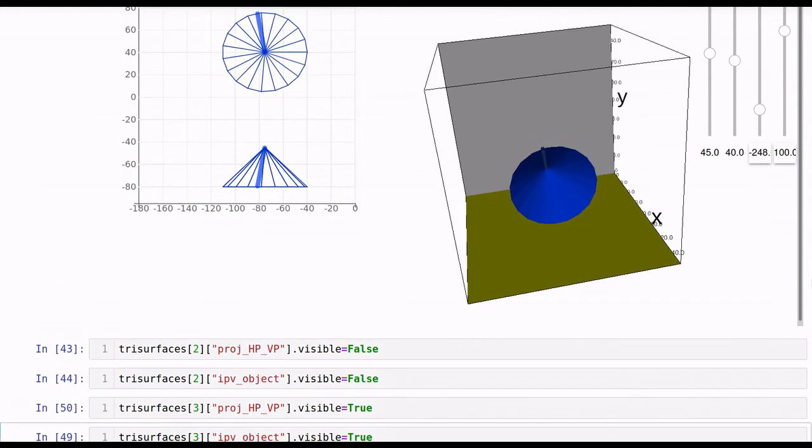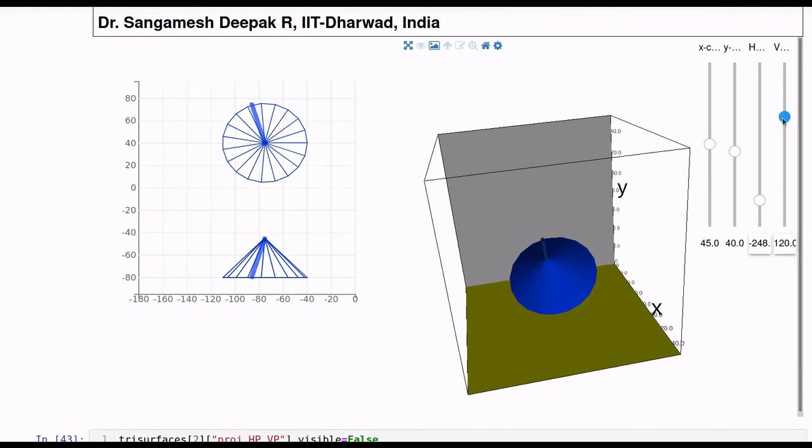As I rotate, you can see that in this case, maybe I will call that point B2. B2 in VP is tracing a circle, and B2 in HP is tracing a straight line, which you can see very clearly, in the left side projections.